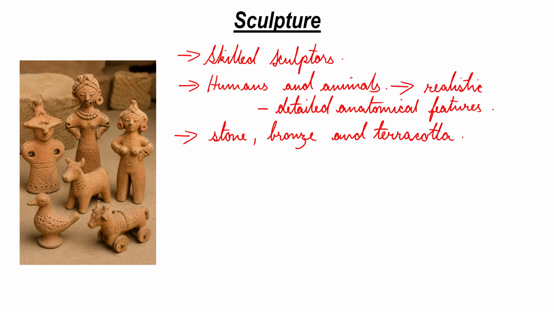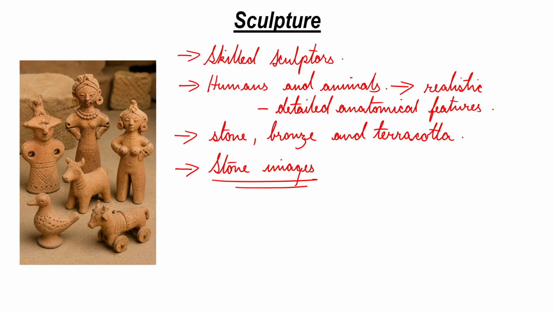So stone, bronze, and terracotta was the primary ingredient behind the making of any culture or most cultures. So a large number of stone images have also been discovered, which is unique.